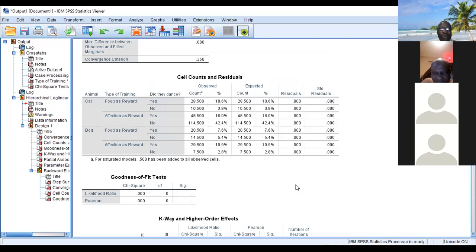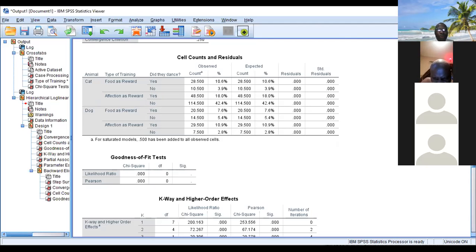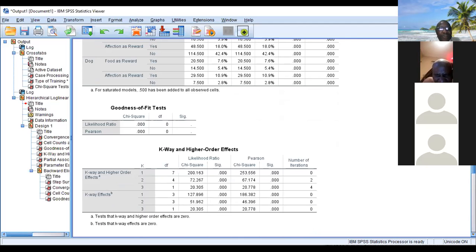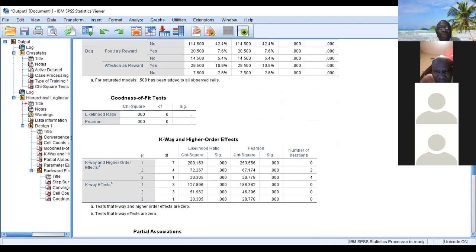Now let's go down. There's the goodness of fit, the likelihood ratio chi-square. It's trying to see if it's a perfect fit, because this is a saturated model.